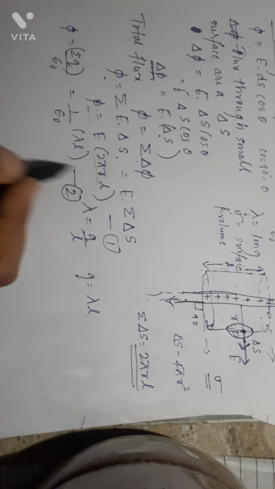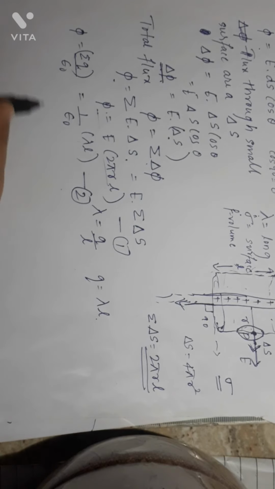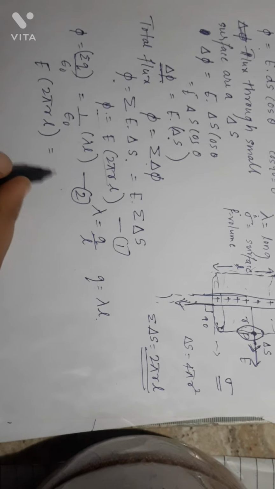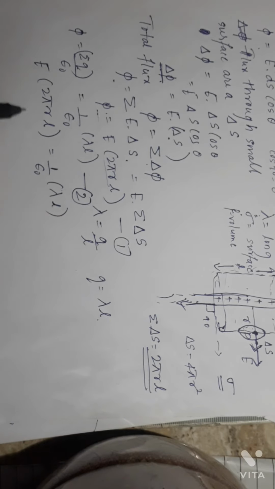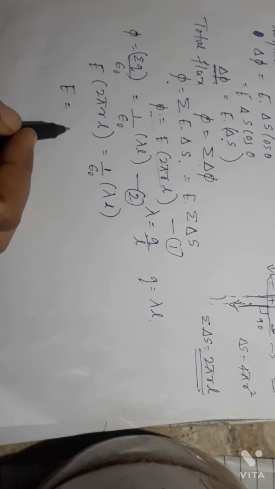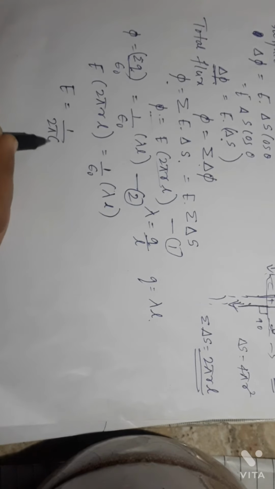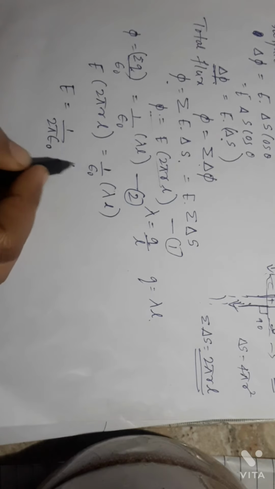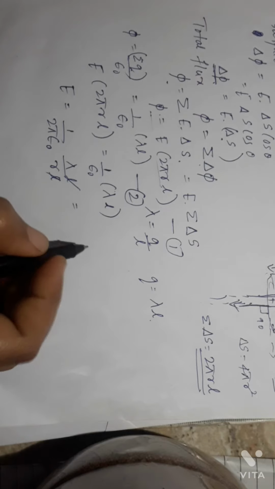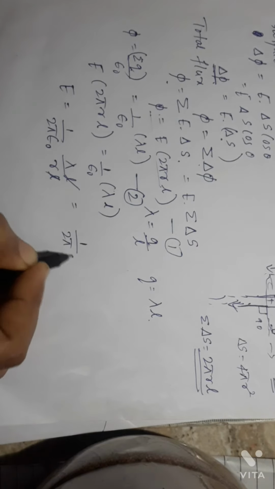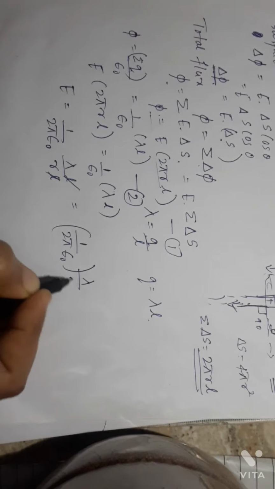Equating these two equations, we get E into 2 pi r l equal to 1 by epsilon naught into lambda into L. Then 2 pi is multiplied down here, so E equals 1 by 2 pi epsilon naught, lambda L divided by r L. L gets cancelled, and E equals 1 by 2 pi epsilon naught into lambda by r.